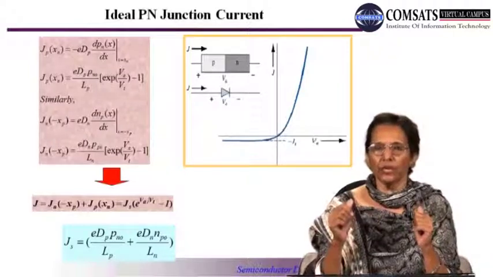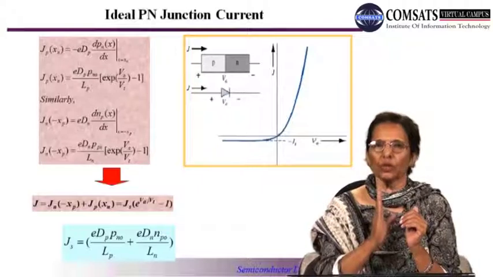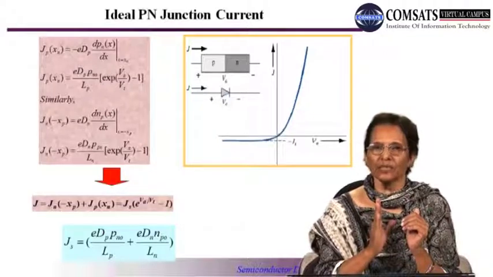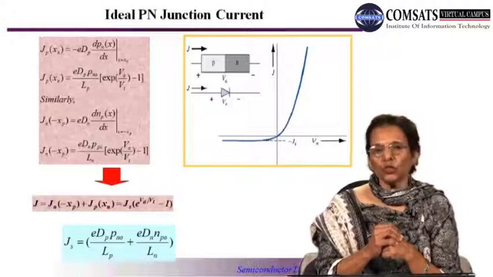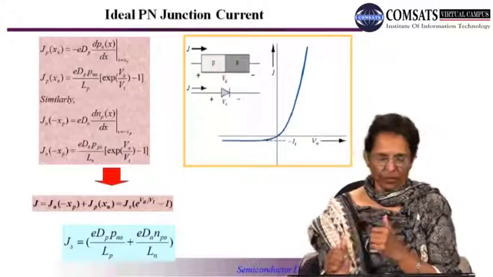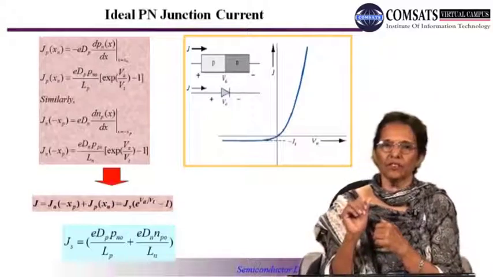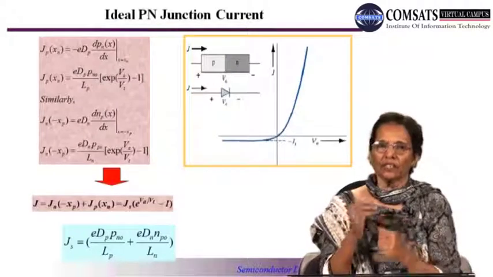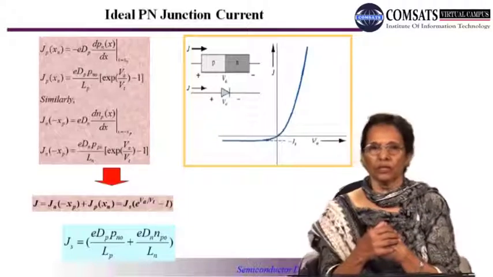So Na is equal to Nd, therefore the point at which x is 0 is, in an ideal situation, in the middle of the depletion region. Having chosen 0 in the middle of the depletion region, obviously the distances on the p side would be defined as negative distances, therefore the p region is defined as minus xp. Distances on the N side would be positive because x is increasing on the N side.